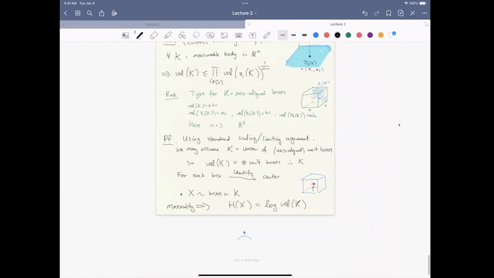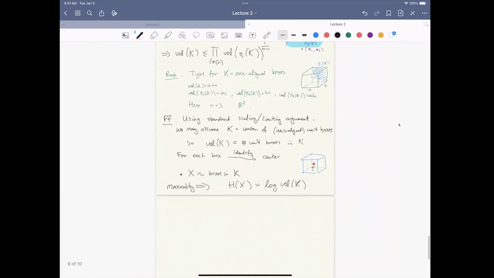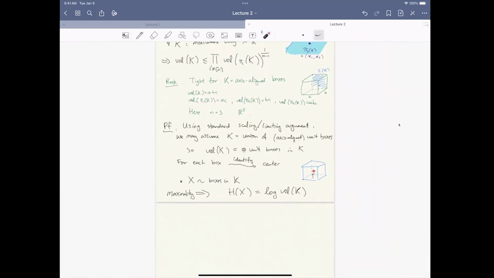So our goal now becomes: we need to prove this guy, take the log, need to show the entropy of X is at most the log of the right-hand side. What is the other side?